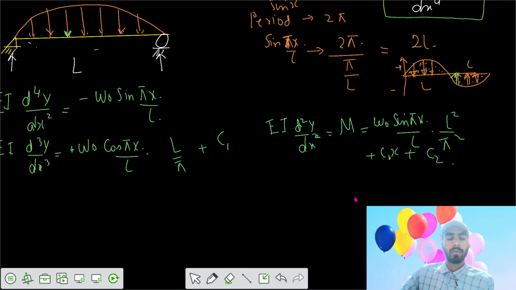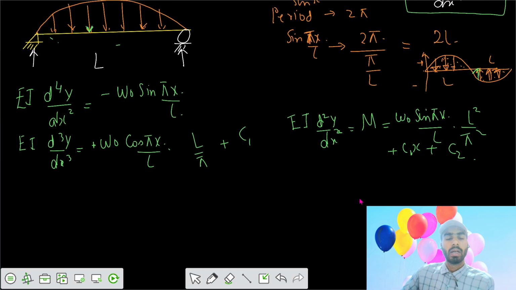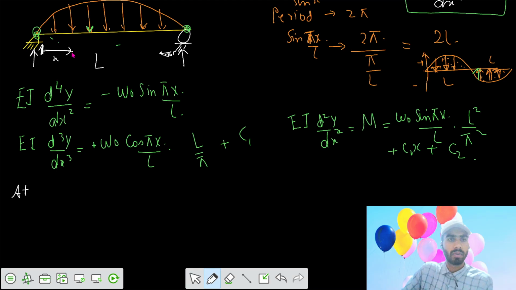Now from the moment equation we can say that the moment at the ends, these simple supports, is 0 here and is also 0 here. So we can write the boundary conditions. Let's say that x was measured from this side.